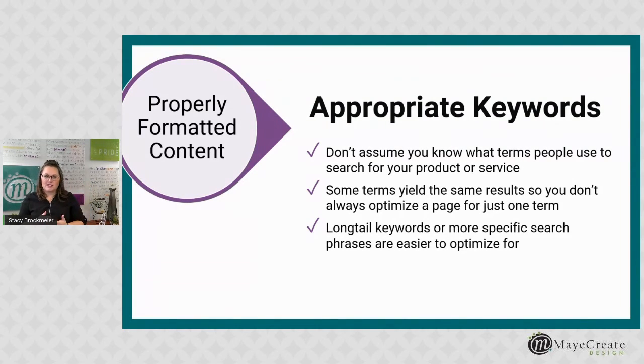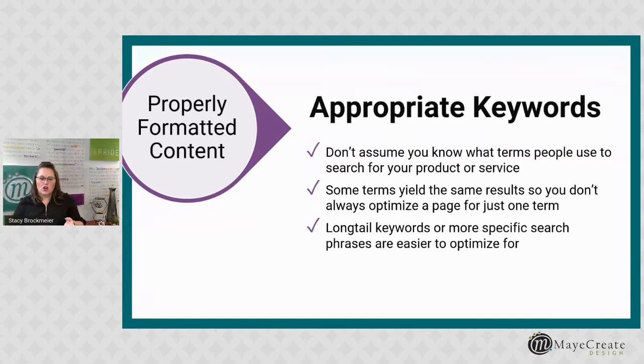So if I search pizza, it's going to give me restaurants. If I search gluten-free pizza, it's going to give me recipes. Now, if you were optimizing your page, you would do the research, decide if you're going to optimize for pizza or pizza restaurants, or maybe it's going to be both because that's one set of key terms to Google.